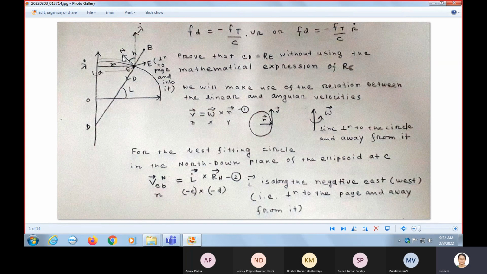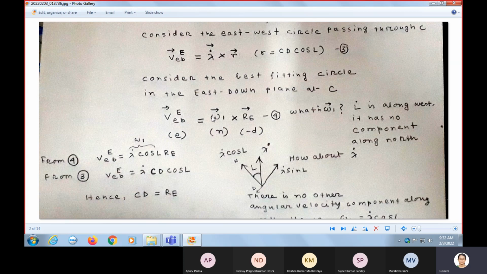It is only this component, lambda dot cos L along north, which is perpendicular to the best fitting circle in the east-down plane. So that is the required angular velocity, omega 1, and it must be along north as per the convention.